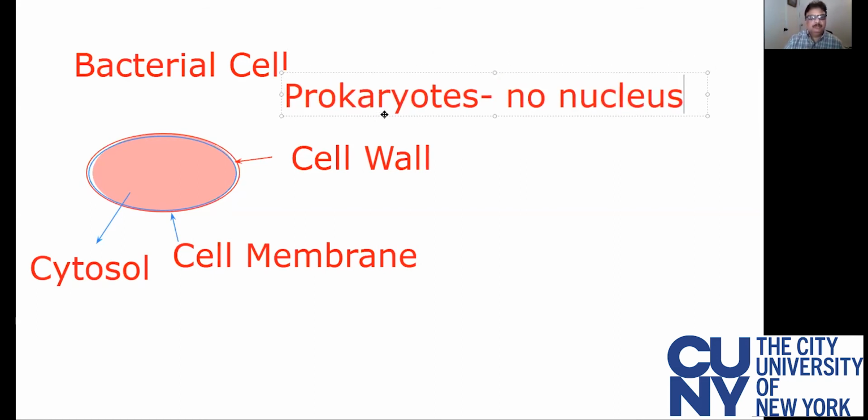So how is the DNA present? DNA within a bacterium is present directly in the cytoplasm. There is no nucleus. So this DNA, which is present in bacteria without a nucleus, is called the nucleoid.